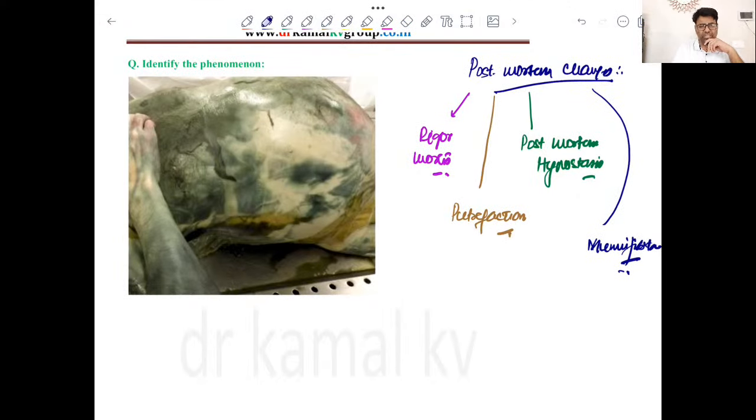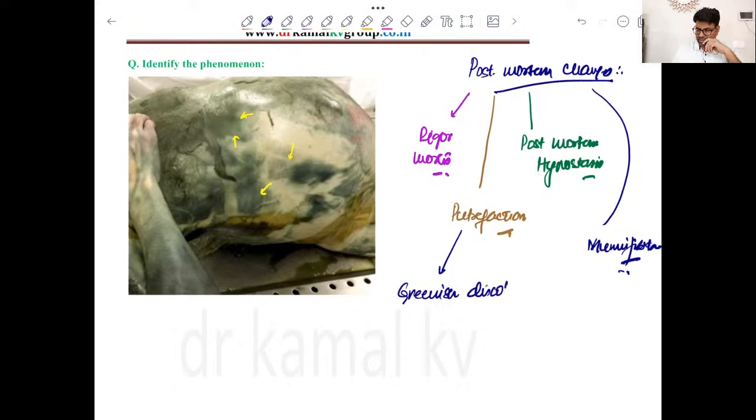Now, as far as this particular image is concerned, especially for those students who are new to this session, you can see some greenish discoloration. And the moment you find greenish discoloration, you have to answer only one thing, that is putrefaction.